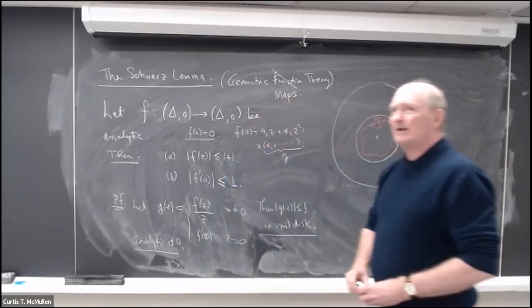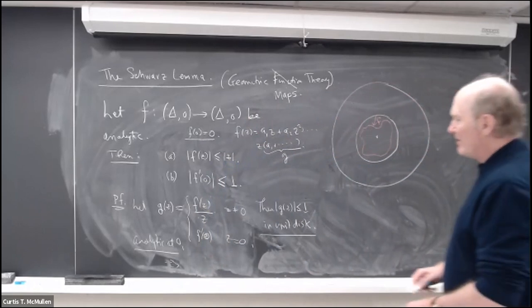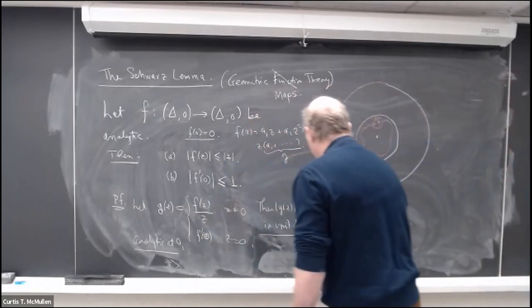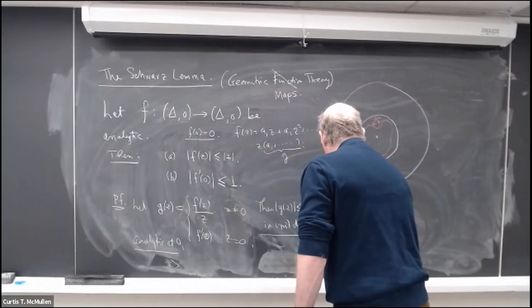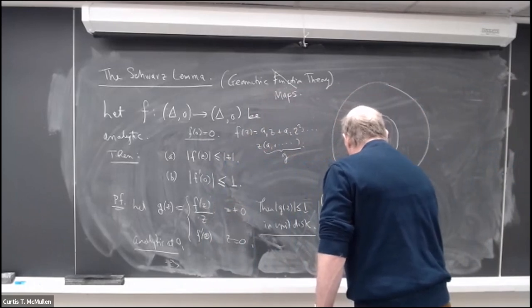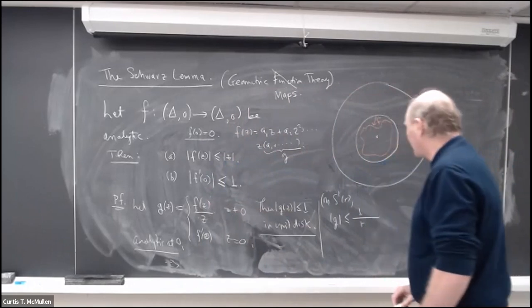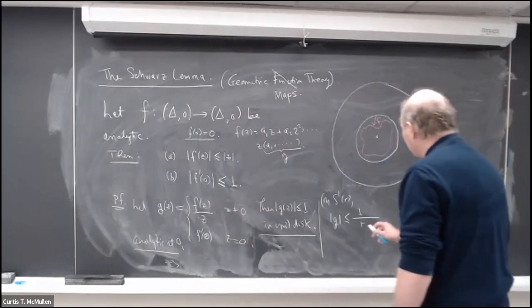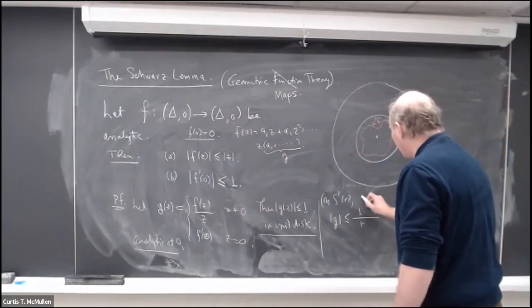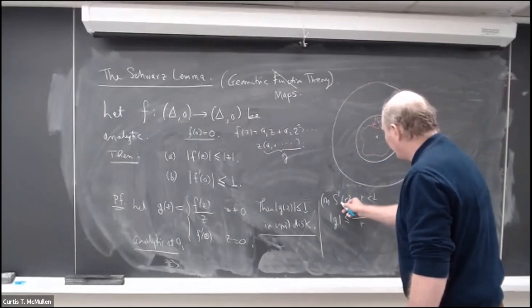Now if we want to be really careful, we realize that that was a bit of a lie. But what we can say is that on the circle of radius r, the absolute value of g is less than or equal to 1 over r, since the bound for f is 1 and for z itself is r. So for any r less than 1, g is bounded by 1 over r within this circle.